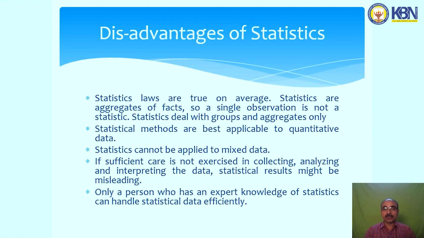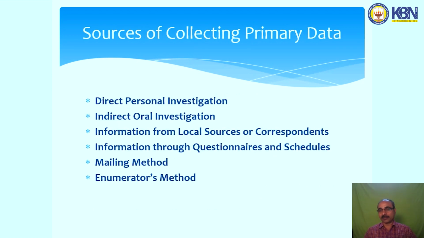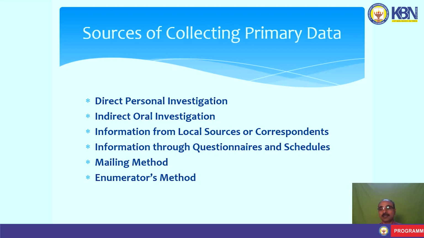And coming to the last topic in this chapter, sources of collecting primary data. How is data collected? There are particularly two types of data we can collect. First of all, what is data?